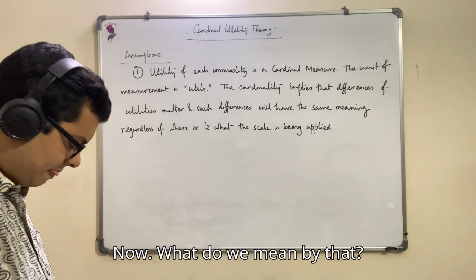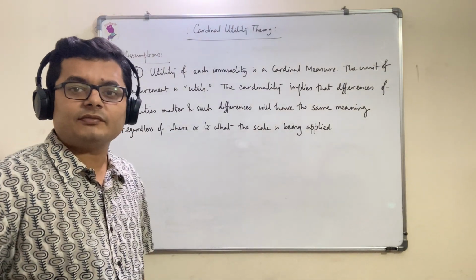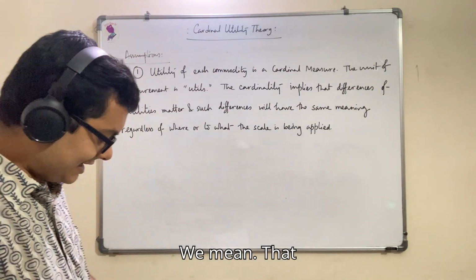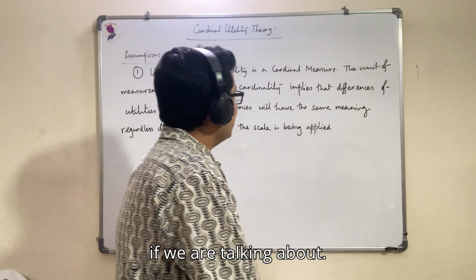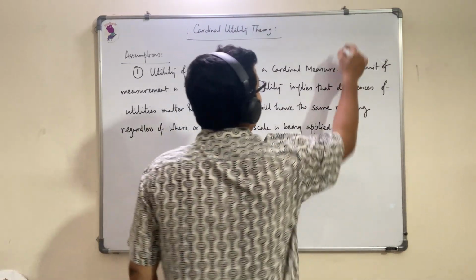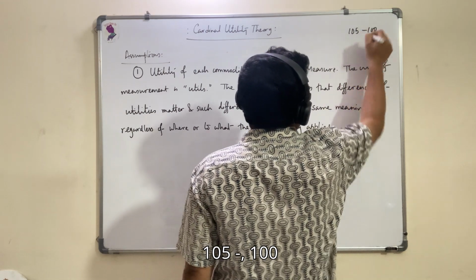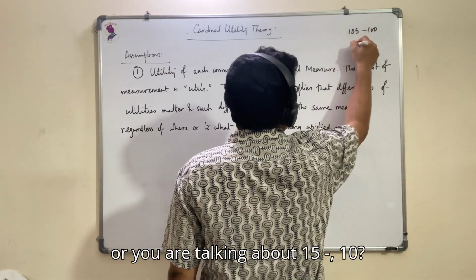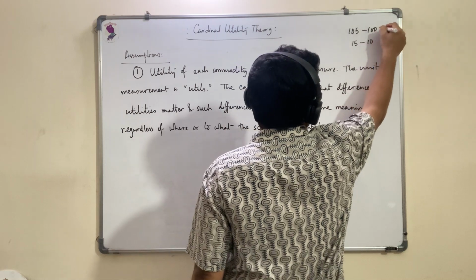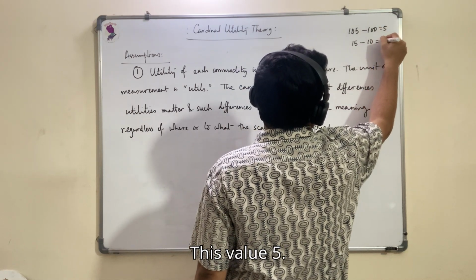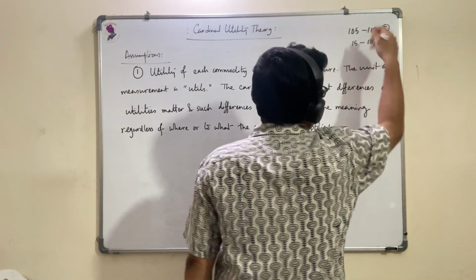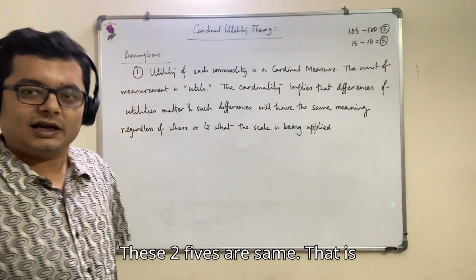Now, what do we mean by that? We mean that if we are talking about a gap of 105 minus 100, or we are talking about 15 minus 10, then this value 5, these two 5s are the same.